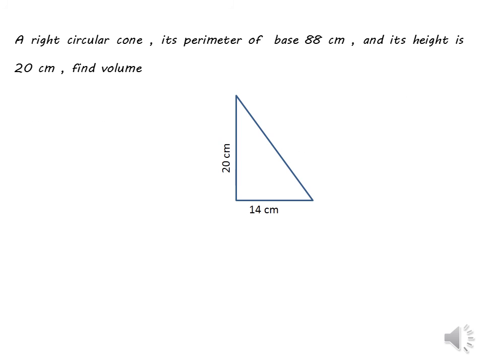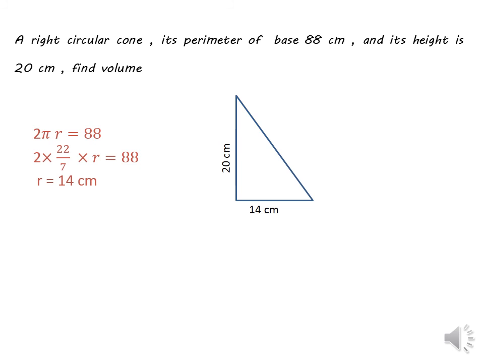A cone, its perimeter of the base equals 88 centimeters, height equals 20 centimeters. Find the volume first. Perimeter of the base equals 88 means circumference equals 88, or 2 pi r equals 88. 2 times 22 over 7 times r equals 88. Find r equals 14 centimeters.